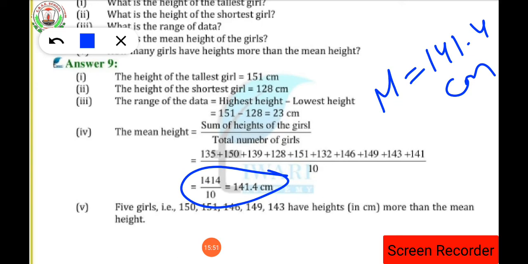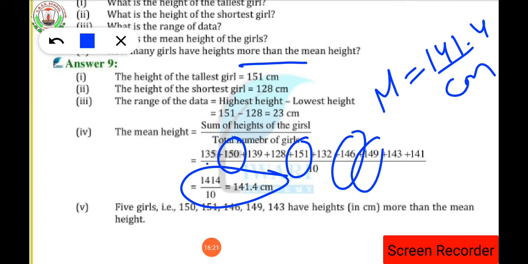Since the question asks for more than, the height should be greater than the mean, that is 141.4. So how many are there? 139 is smaller, 128 is smaller, the greater one is 150, 151, 132 is smaller, greater are 146, 149, 143, then this much only.